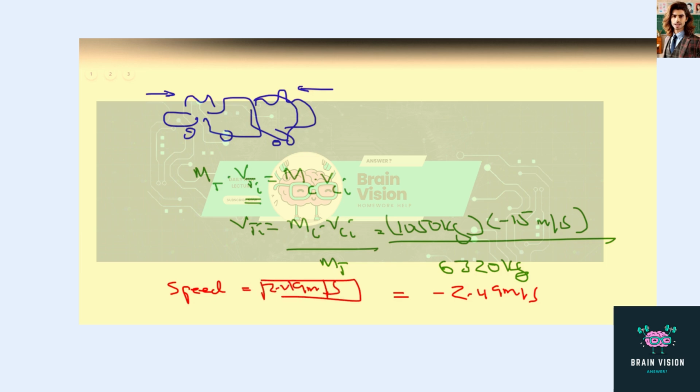That's the speed of the truck if they have to stop when they collide. So in terms of velocity, the truck will be moving that way before they stop, and that just comes from the organization of the problem.